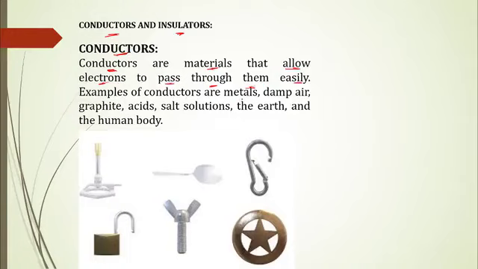Examples of these materials are metals, damp air, graphite, acids, salt solutions, the earth that we stand on, and the human body, like we've said time without number. All these things are very good conductors of electricity. No wonder when you touch a naked wire or an unprotected live wire that has electrons flowing through it, you are going to get electrocuted.